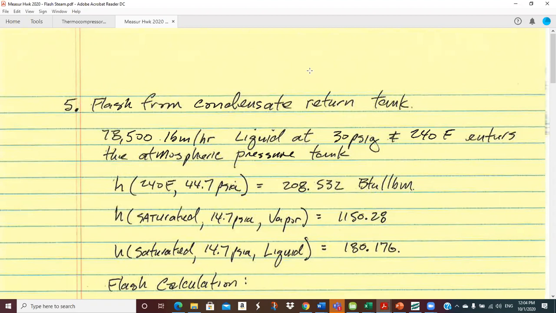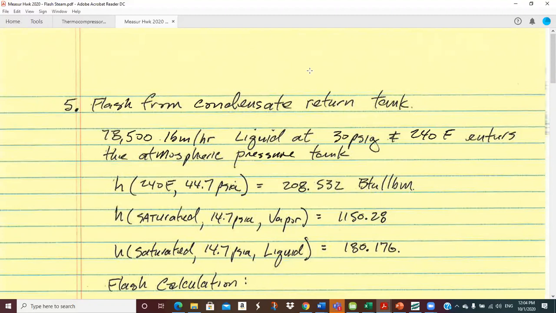We wanted to see if we could come up with some kind of an idea to reduce the operating cost on this. So instead of just relying on the flash steam calculators, which we can certainly do, well, maybe we can, maybe we can't in this particular instance, and I'm going to show you.